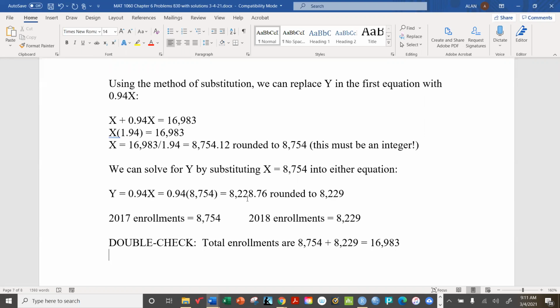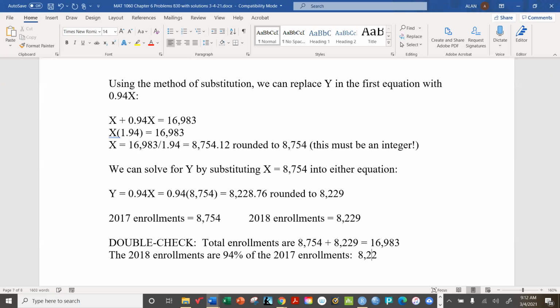and the 2018 enrollments are 94% of the 2017 enrollments.